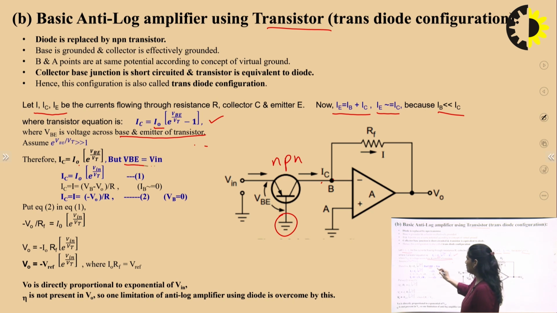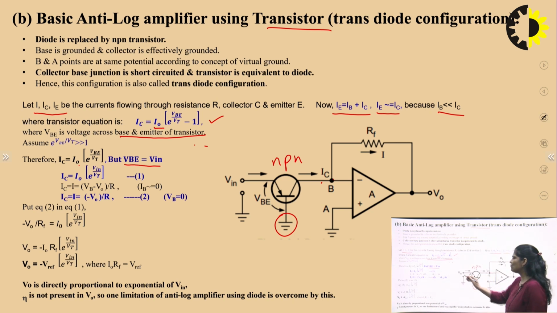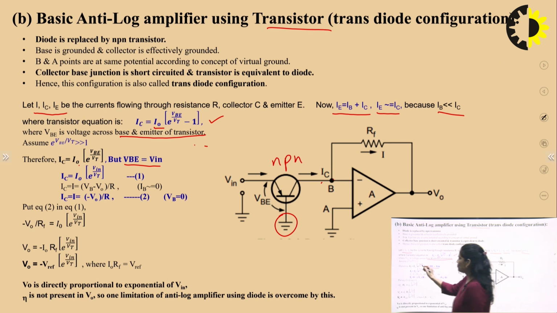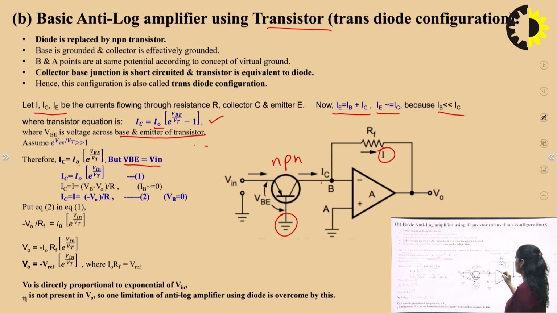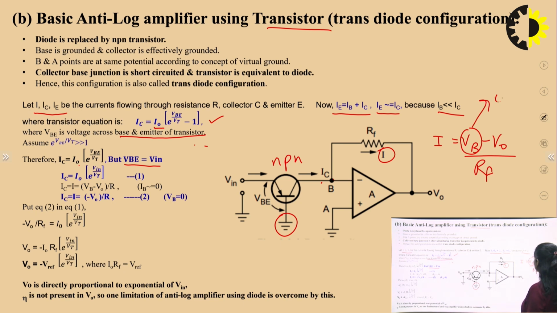And VBE from this circuit diagram is equal to V input. So in place of VBE we can put V in. So IC is equal to I naught e to the power V in upon VT, and this IC is equal to I. And I is equal to VB minus V naught upon RF, and VB is equal to 0.